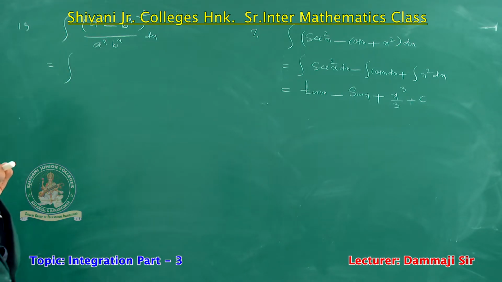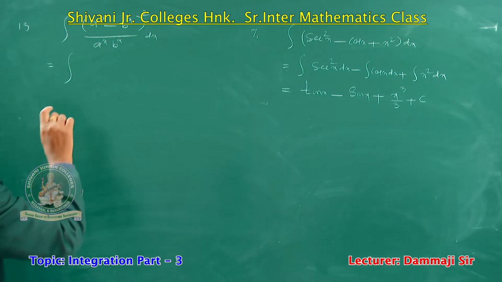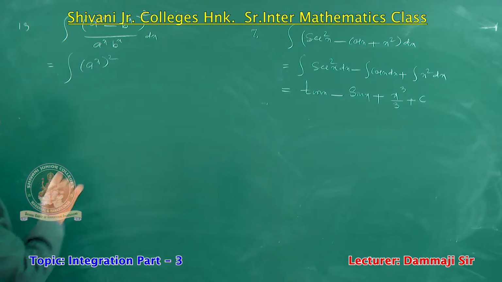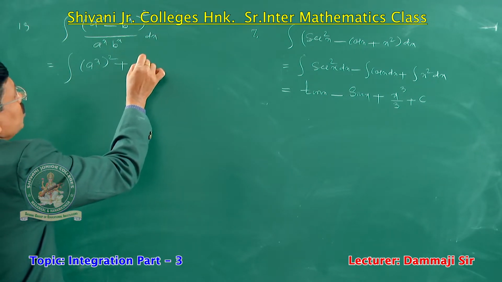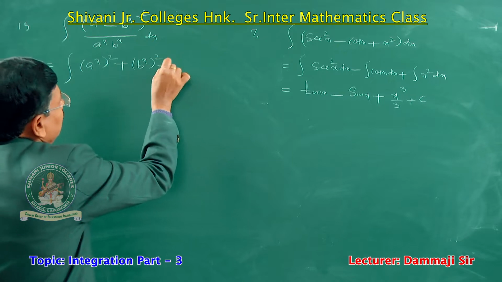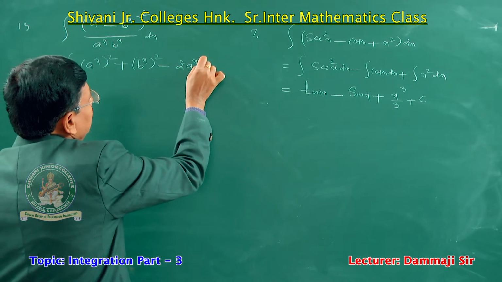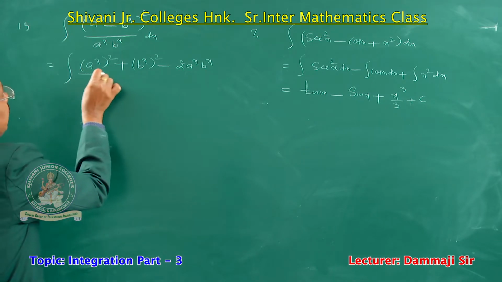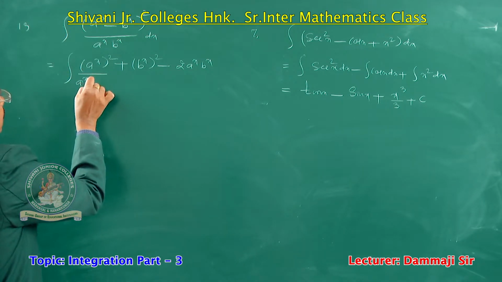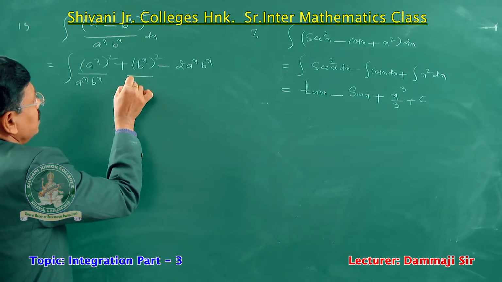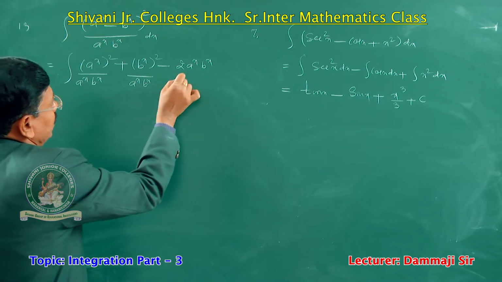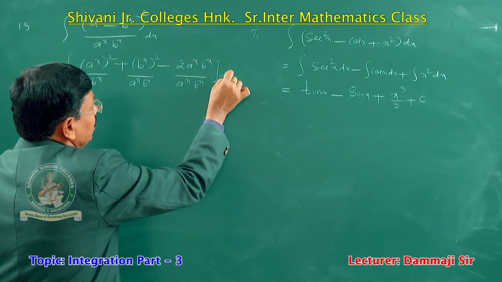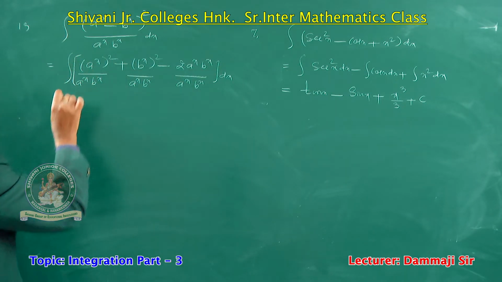You know very well, a minus b whole square is a square plus b square minus 2ab. Now split into partial fractions. Okay, fine. What about next? What about your idea? What is your thinking?